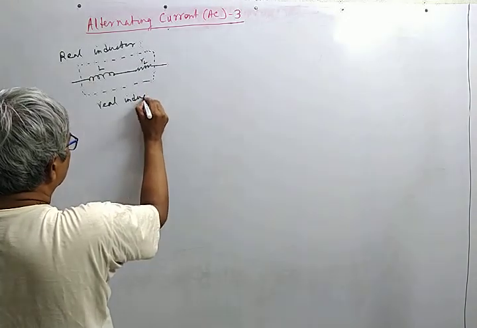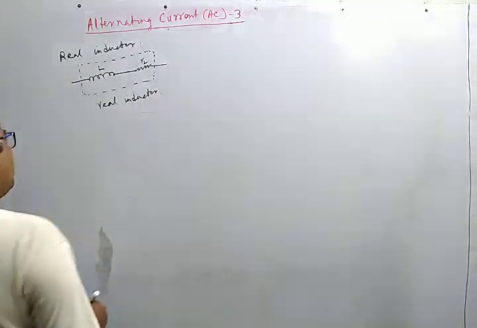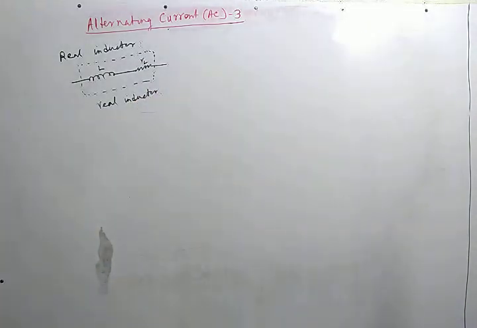A pure inductor is one in which there is no energy loss. The energy that it gains in a quarter is being pushed back to the source in the next quarter, and we have seen it in the first two discussions.